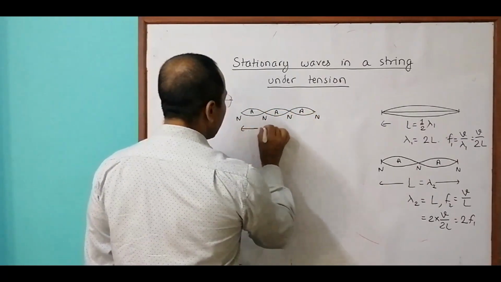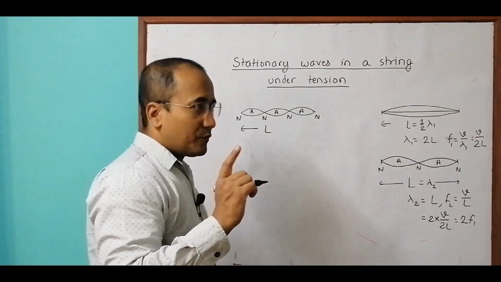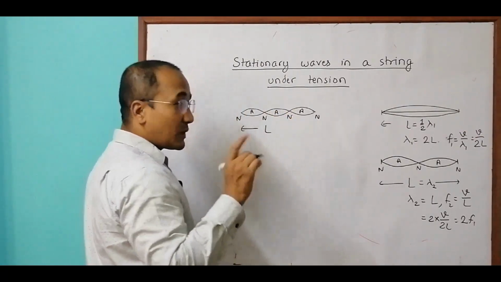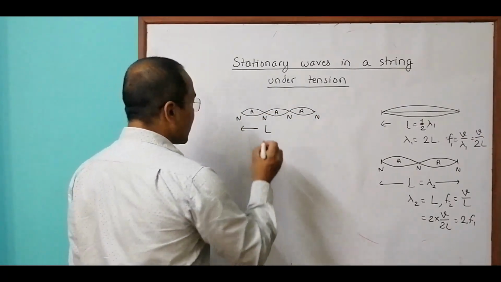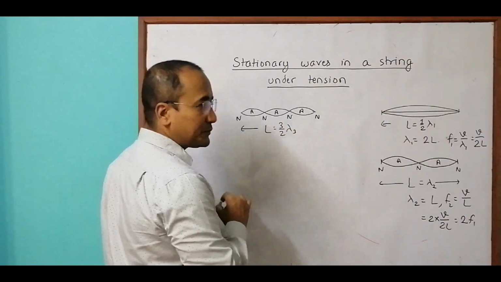This whole length accommodates one wave and the other half. So it's equal to 1.5 of the wave, which equals 3 by 2 of the lambda so formed.